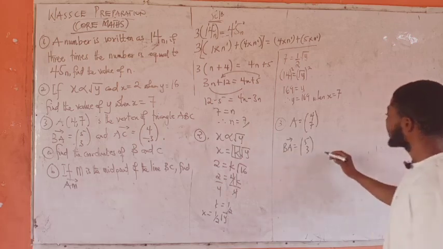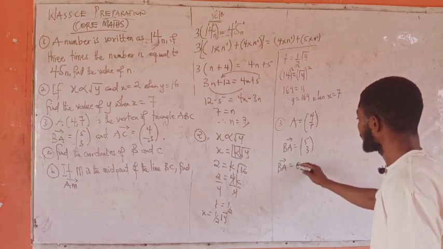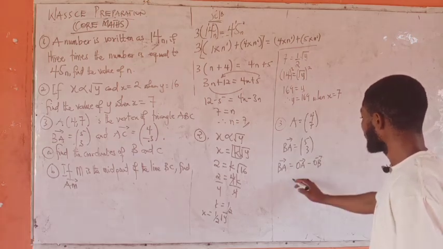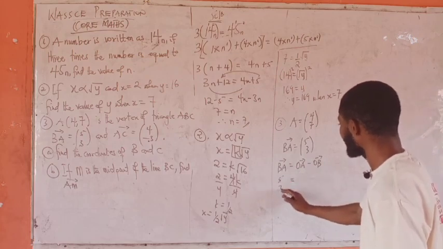But remember, BA is the same as OA minus OB. We know OA. We do not know OB. We know BA is (5, 3).